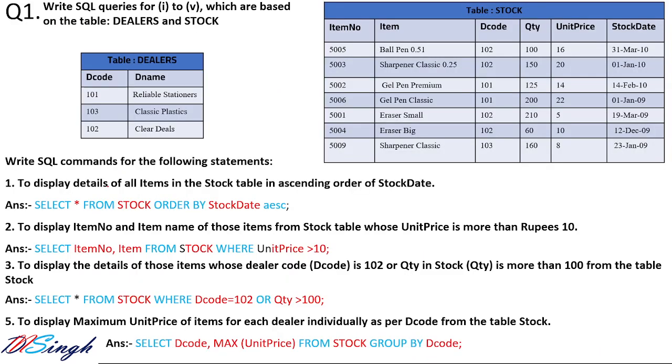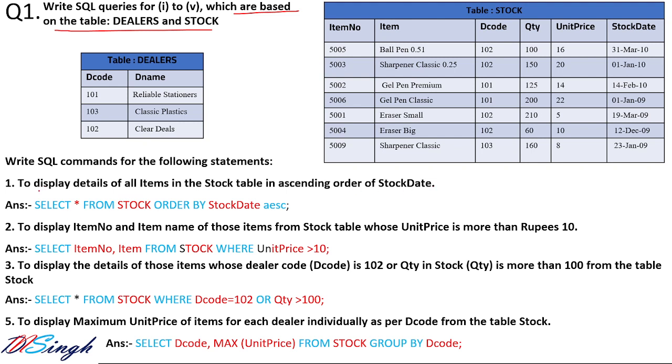Let us see our first question. Write SQL queries based on the tables called dealer and stock. So here you have these tables, dealers and stock. Write the SQL query to display the details of all items in the stock table in ascending order of the stock date.